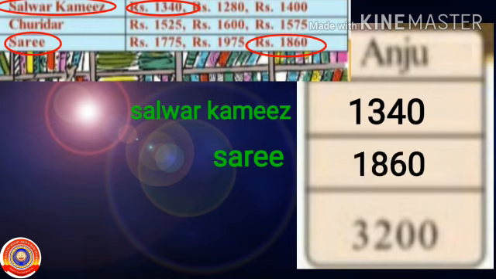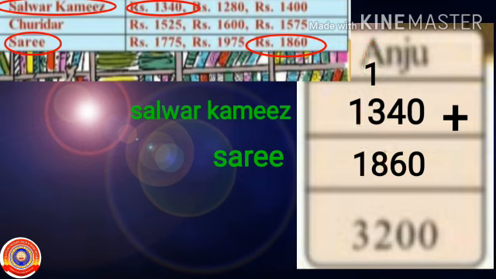Students, let's check if the amount 3,200 rupees is enough to buy these two dresses. Okay, let's add together. 1,340 plus 1,860. 0 plus 0, 0. 6 plus 4, 10. For 10, 0 here and 1 is to be carried in the hundreds place. 8 plus 3, 11. Plus 1, 12.